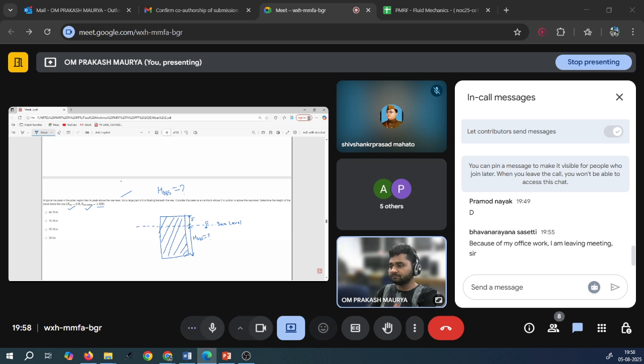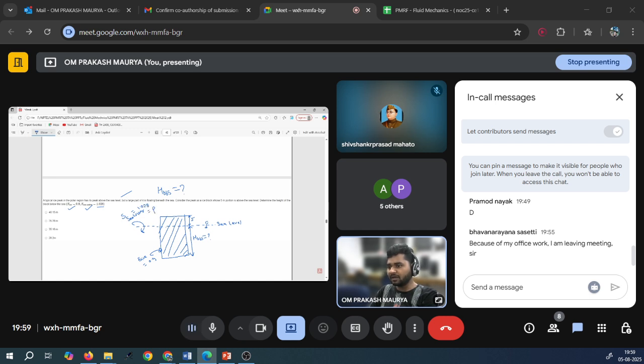But how? Another thing is, the specific gravity of ice is given as 0.9, and the specific gravity of the sea water is given as 1.028.